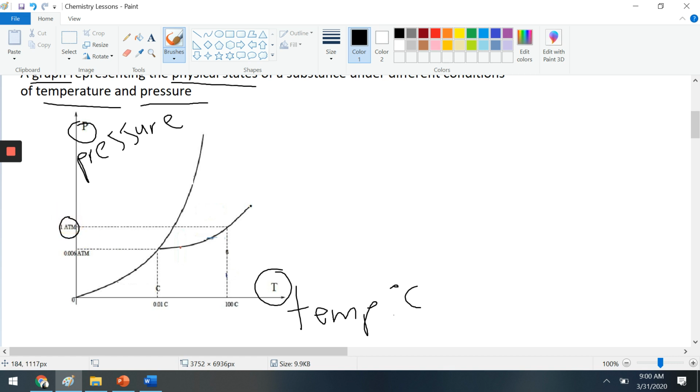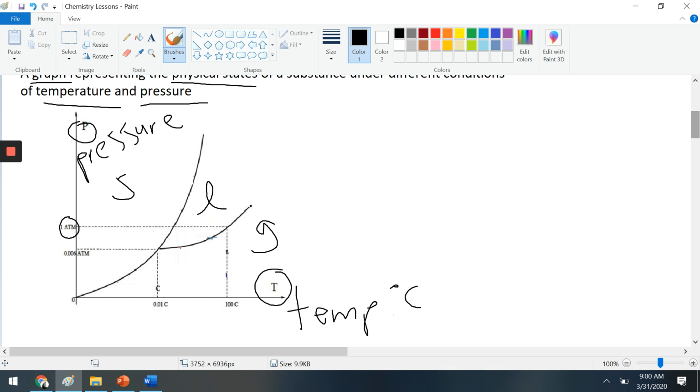So next thing, going from left to right, there are certain sections, and this represents the physical states. On the left side, this is your solid. Then, of course, you have your liquid. And lastly, you have your gas right over here. So this graph represents the phase diagram for water. And if you remember, water at 1 atm, which is sea level, melts at 0 degrees Celsius.